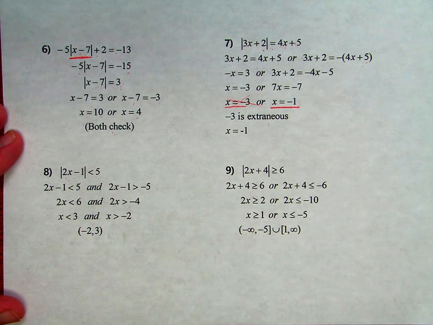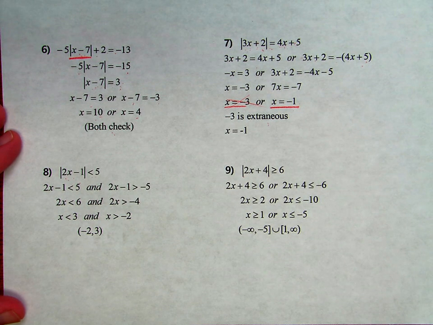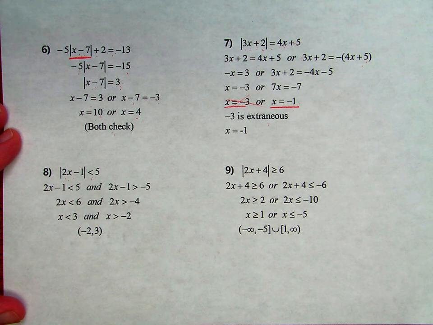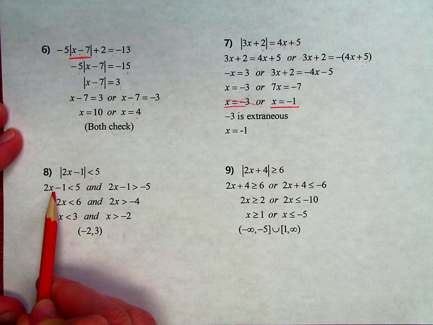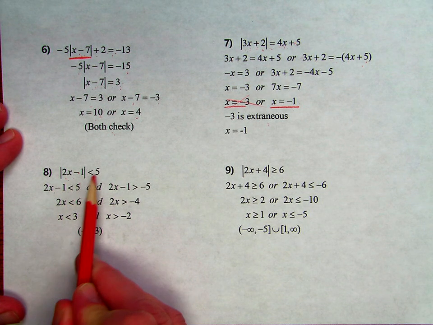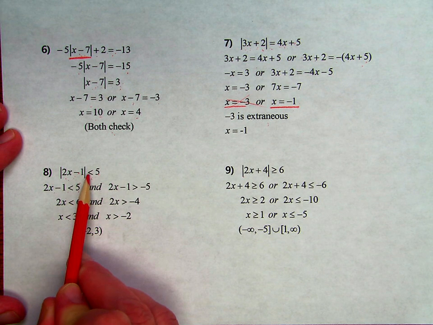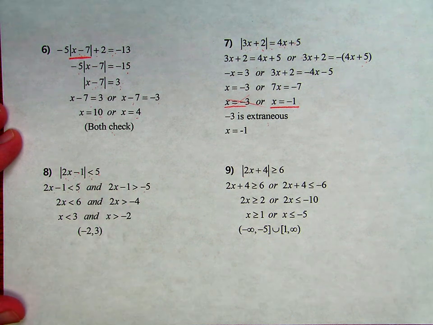If it wasn't, we would want to take care of that first. The next move, whether or not it's an equals or an inequality, is it needs to split. Okay, the pattern for the split: what's inside the absolute value, same direction, same sign. What's inside the absolute value, flip the arrow, change the sign.